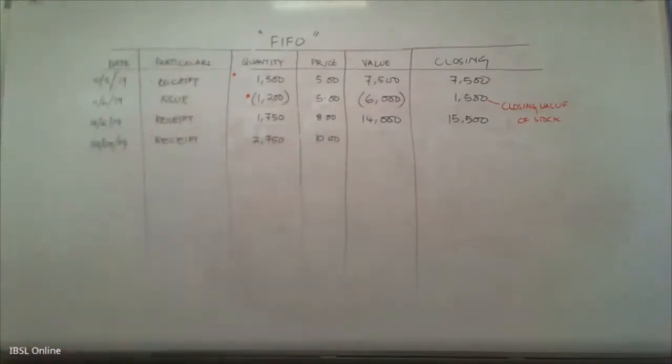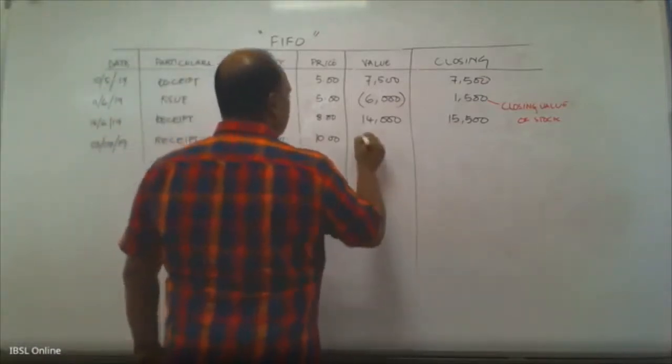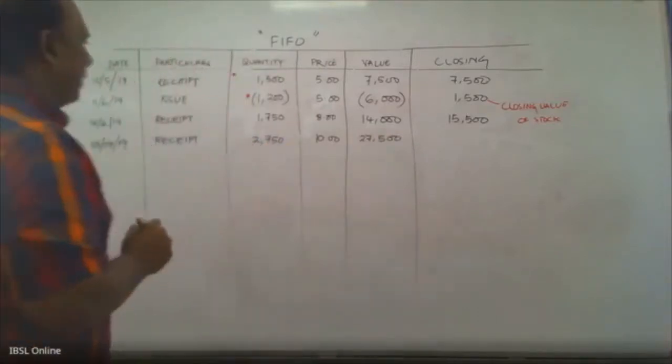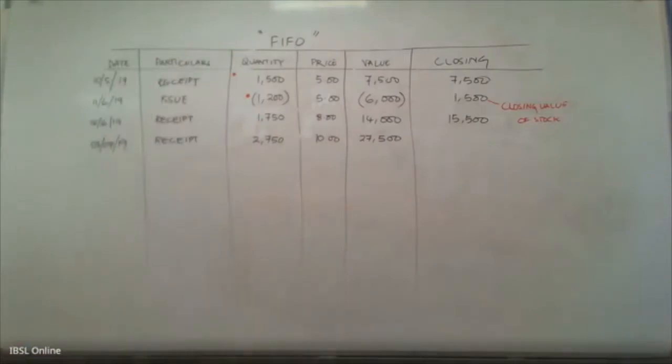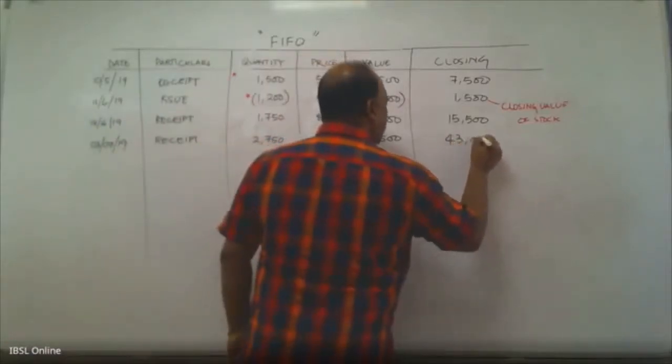So the prices are going up. That is 27,500, correct? Yes, sir. And the closing balance will be 43,000. Correct?